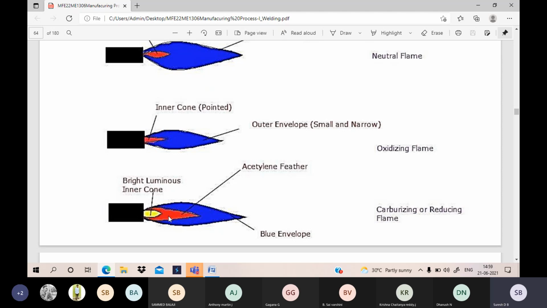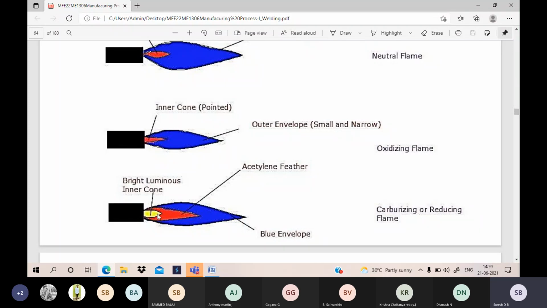Compared to the red, the bright luminous inner cone temperature is very low. Then, due to atmospheric air, this blue envelope flame has a reduced temperature. Here three different flames are there: yellow, red, and blue.